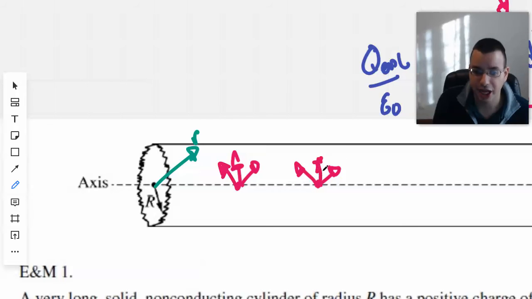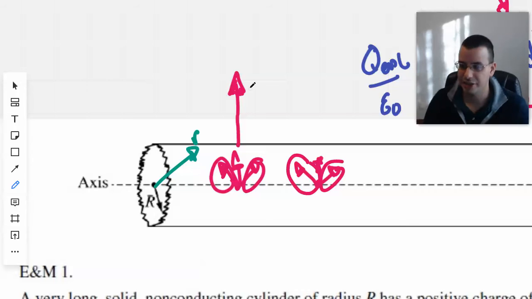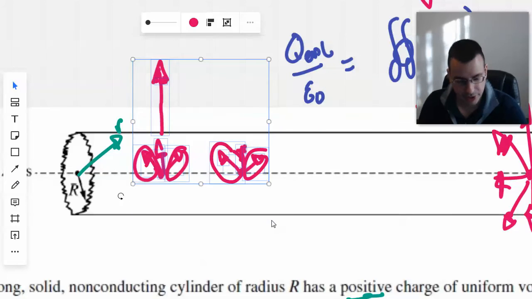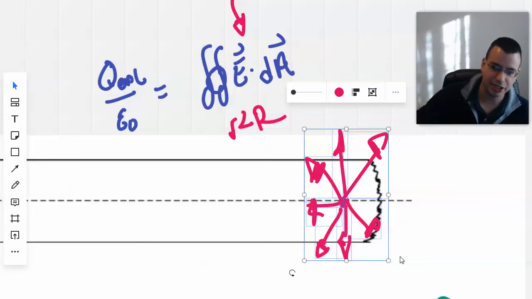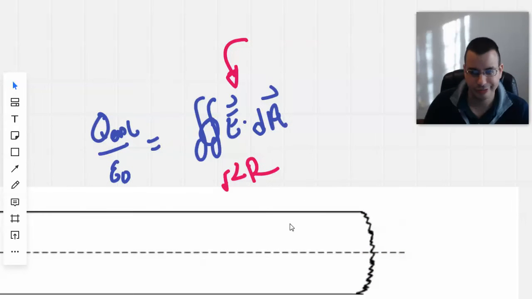Looking at just the top portion, this vector would cancel with that vector, and that with that vector, and what you're left with is only the radial components going outwards from the axis, the components perpendicular to the axis of the cylinder. That's all that we're going to be looking at. Most people probably say you determine it by inspection, which is a fancy way of saying it's obvious, or you should just know this, or guess and check.